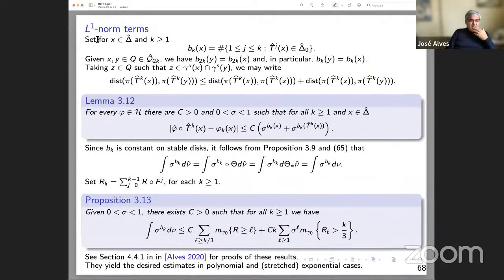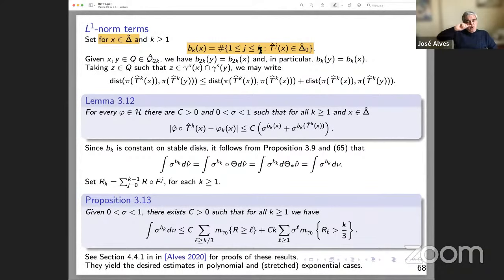So given a point in the tower, let b_k of that point be the number of times that, up to time k, the point returns to the base level, to the 0 level. So b_k is the number of times it goes down to the 0 level.